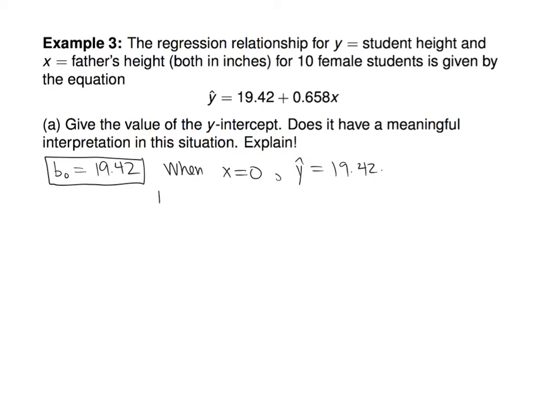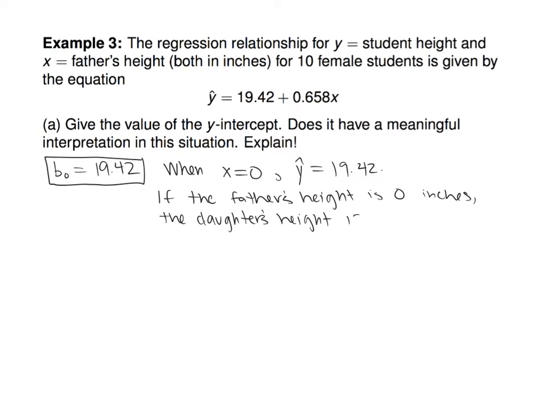In other words, if x, which is the father's height, is 0 inches, the daughter's height is 19.42 inches.